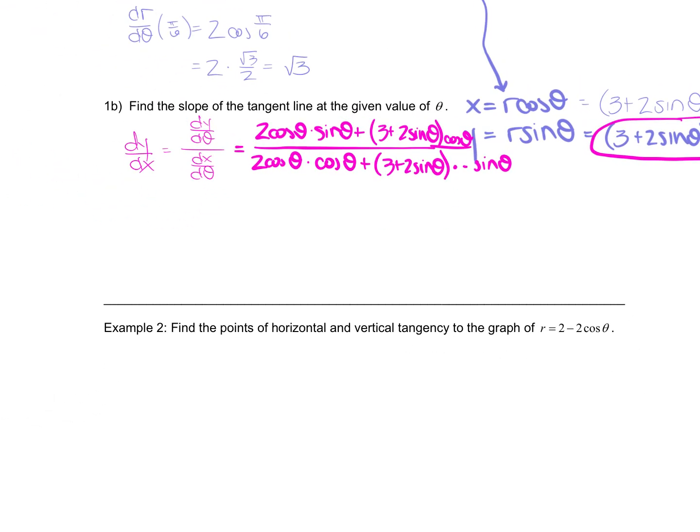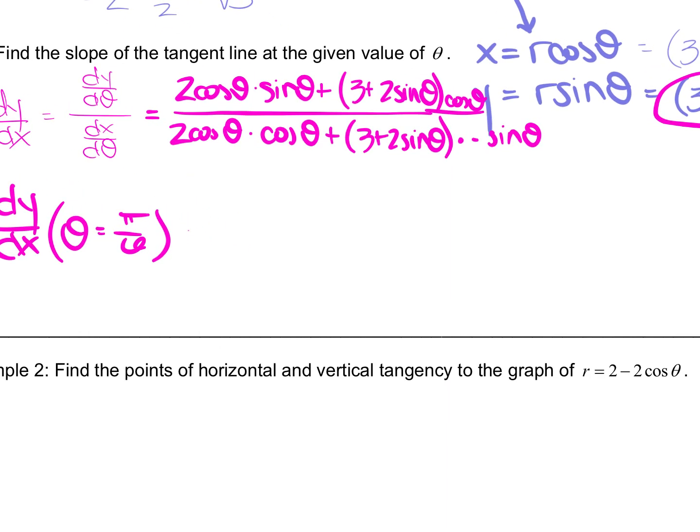So now I would like to evaluate dy/dx at theta equals pi over 6. So the top part will become 2 times the cosine of pi over 6. We just said that is root 3 over 2, times the sine at pi over 6, which is 1/2, plus 3 plus 2 times 1/2 times root 3 over 2.